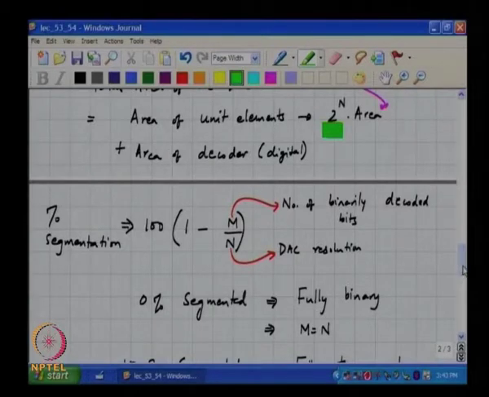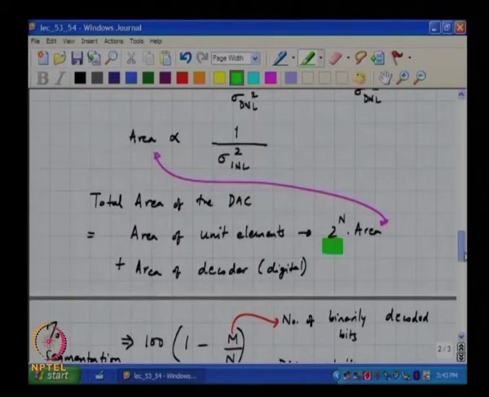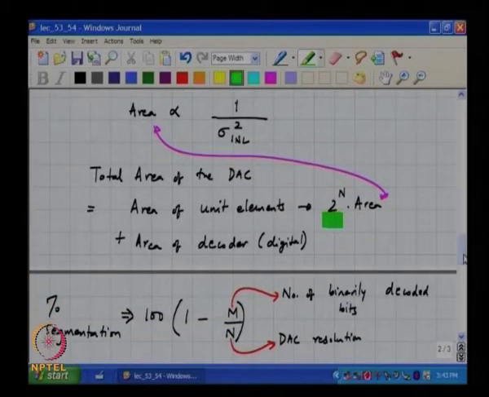So, to achieve a given INL, the degree of segmentation is of no consequence, and therefore, given this, one can go and find this. You understand?